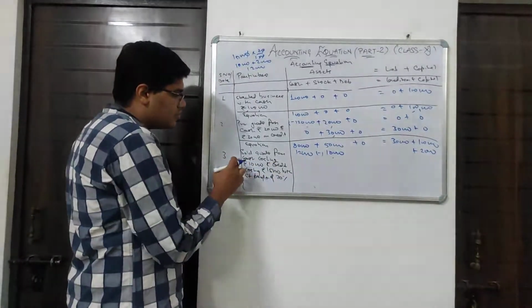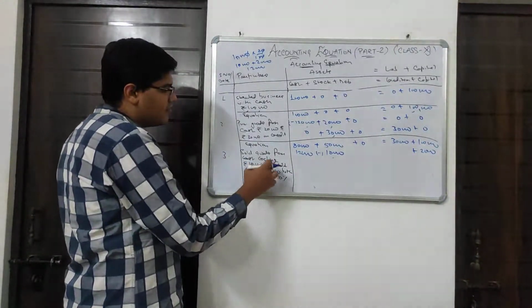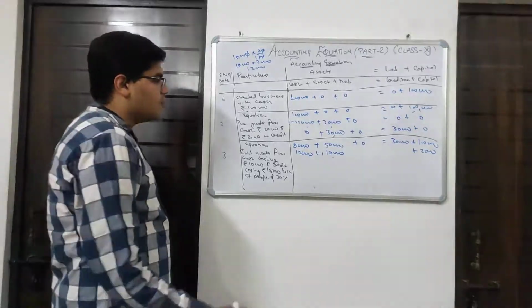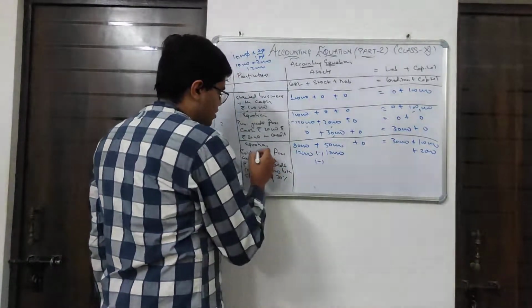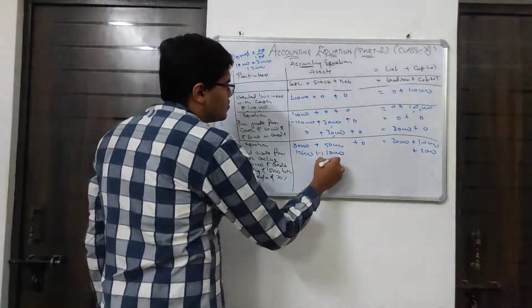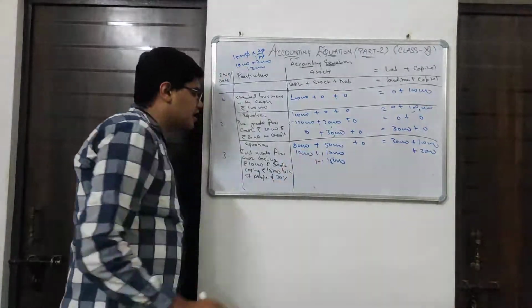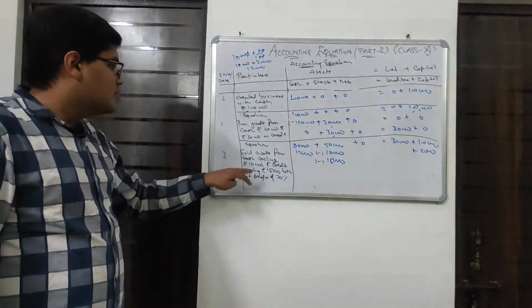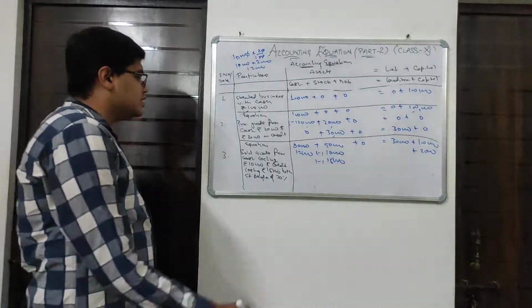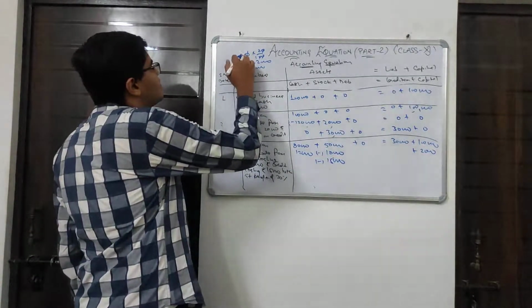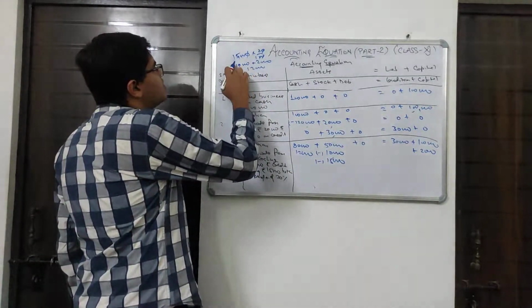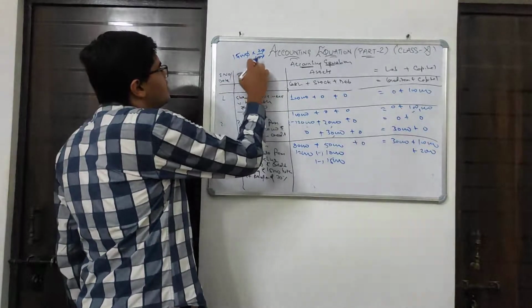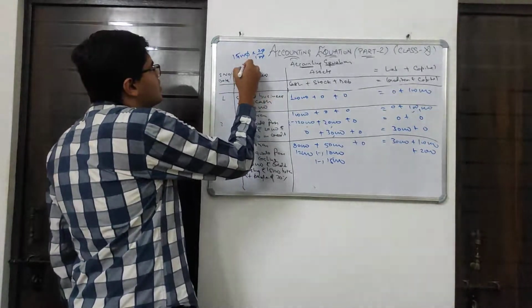Now we are selling the goods for credit 15,000, so now you have to minus 15,000 here. Cost price 15,000. What is 20% of 15,000? That is 3,000, 15 twos are 30, 3,000.